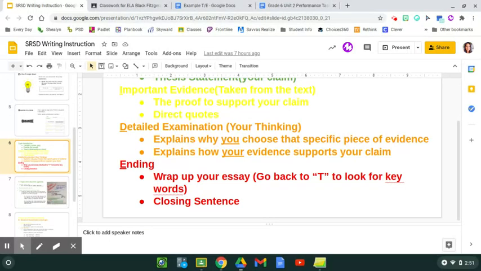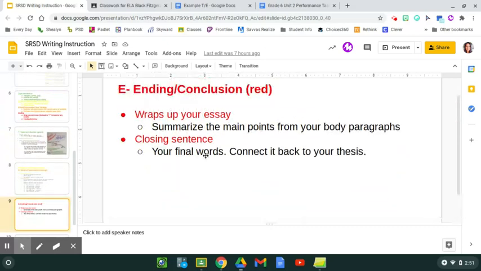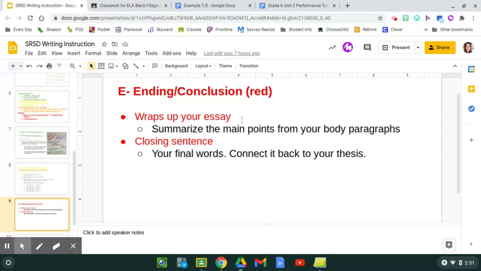So we're wrapping up our essay and we're giving a closing sentence. When we wrap up our essay, that's where we summarize the main points from our body paragraphs. It's where we use our final words, which we try to connect back to our thesis, our central idea of our writing, the whole point of why we're writing this.